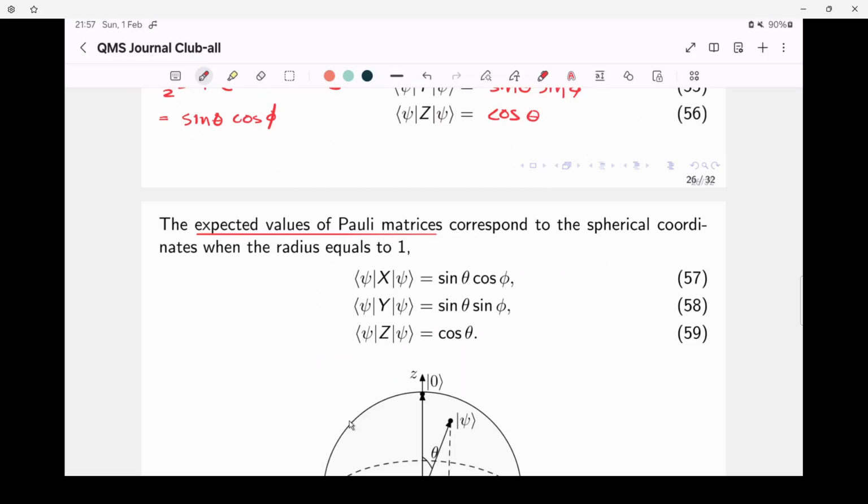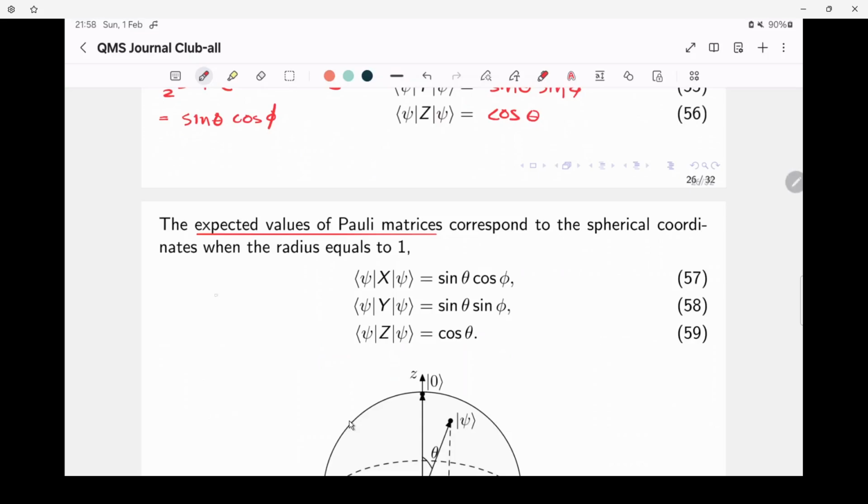If you don't know your spherical coordinates, you just need to multiply r in all these three terms. But because your radius equals 1, your expected values for your Pauli matrices actually give you the spherical coordinates.